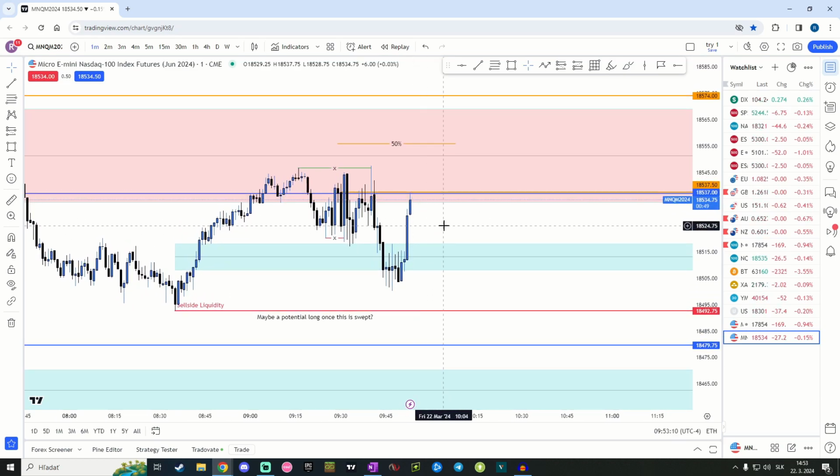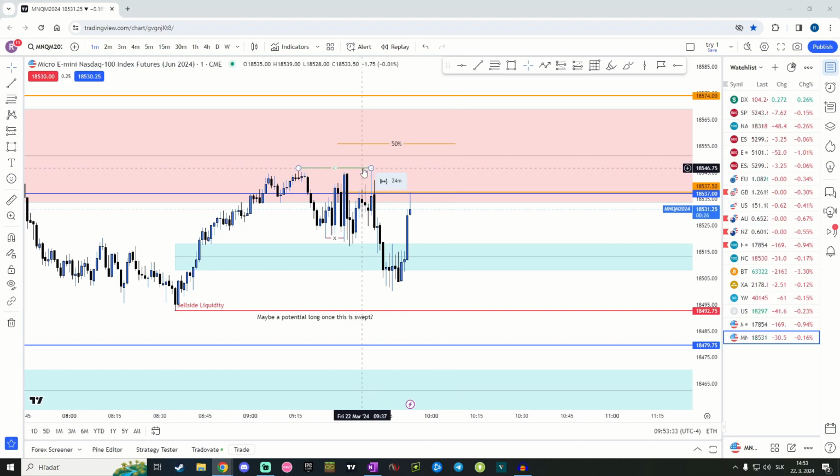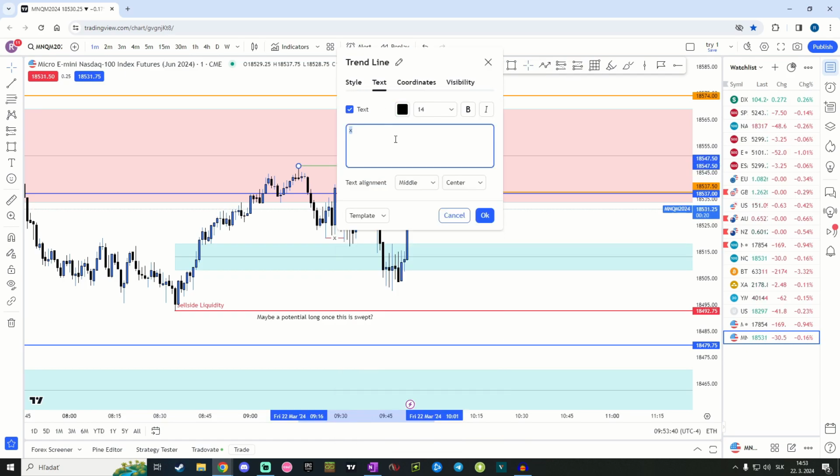Going back again to the opening range gap. And also the 1 hour fair value gap. So as I said, on NQ, these highs look a bit different. Because on NQ, these highs have not been taken.